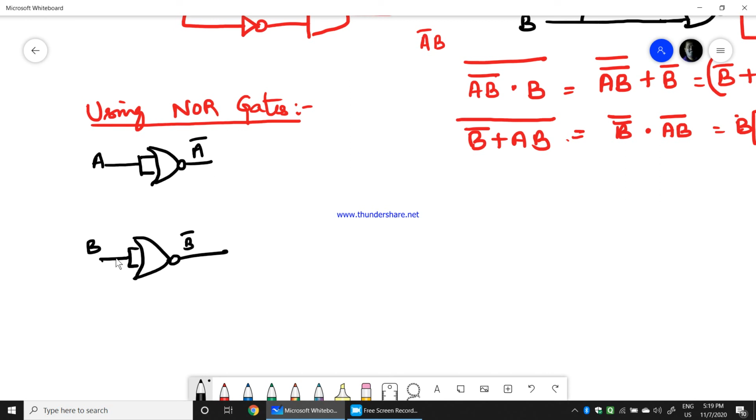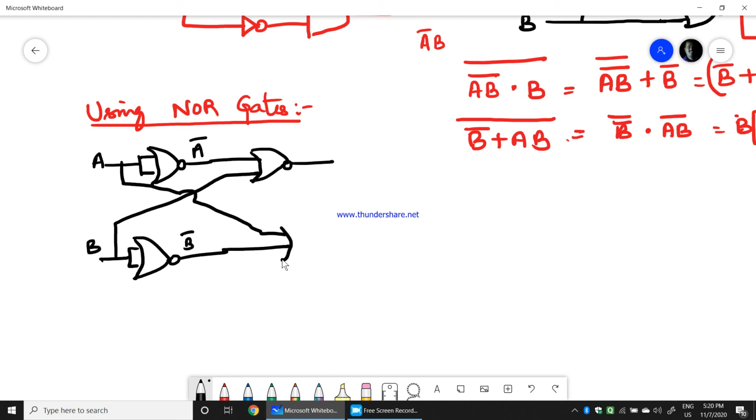So now we'll take one input from here and give this to a NOR gate, whereas we take one input from here and give this to a NOR gate.